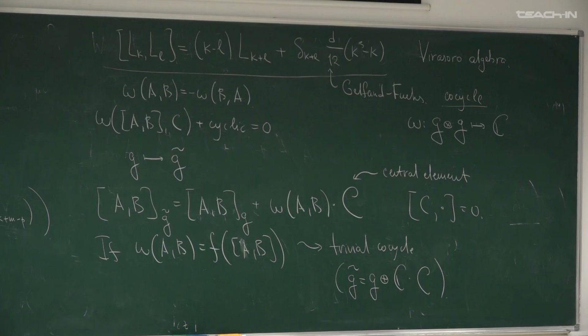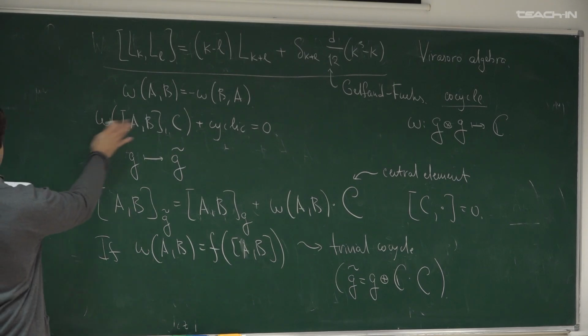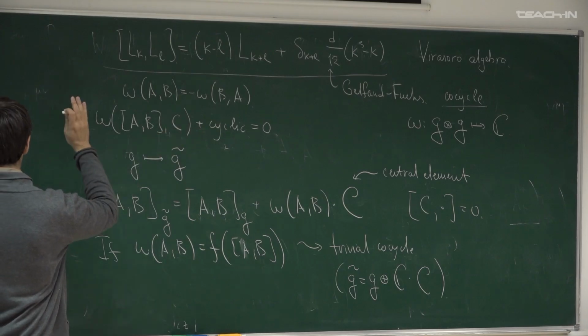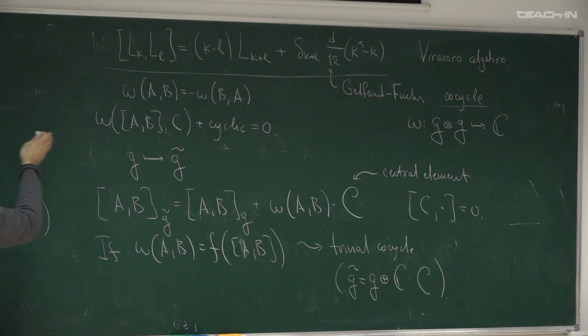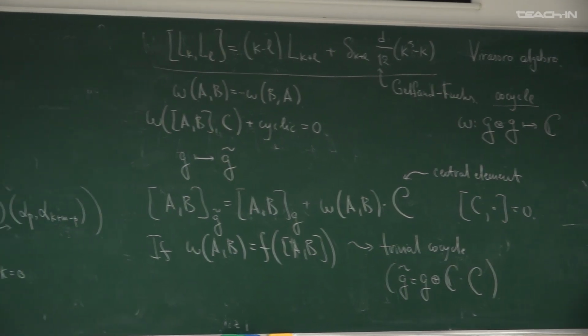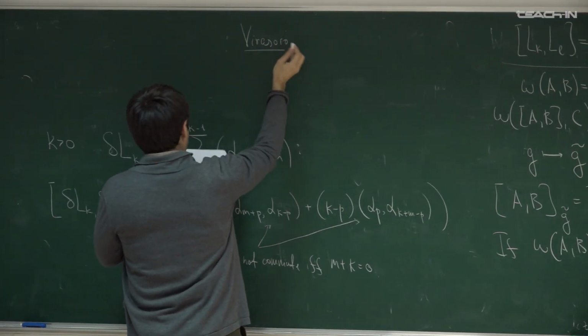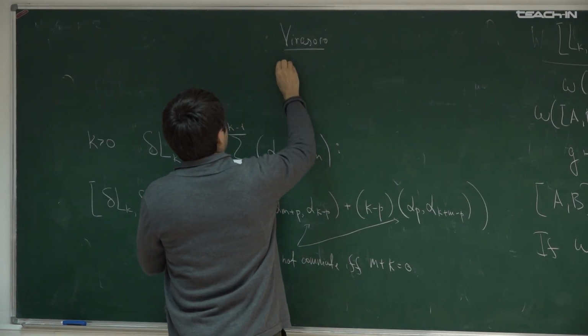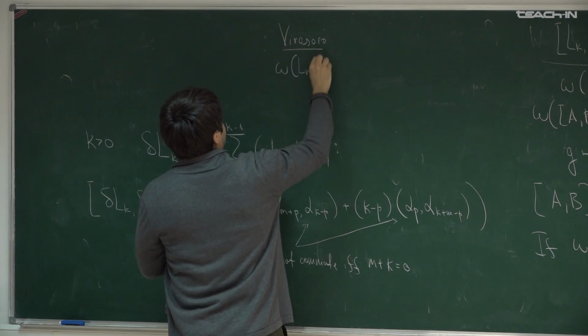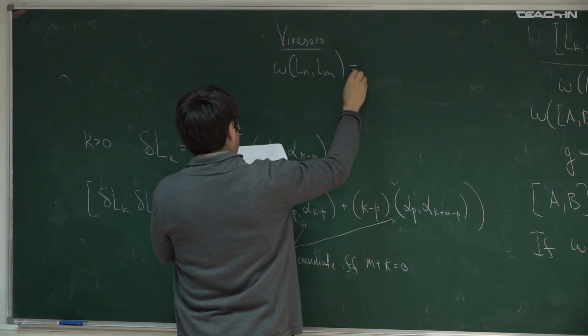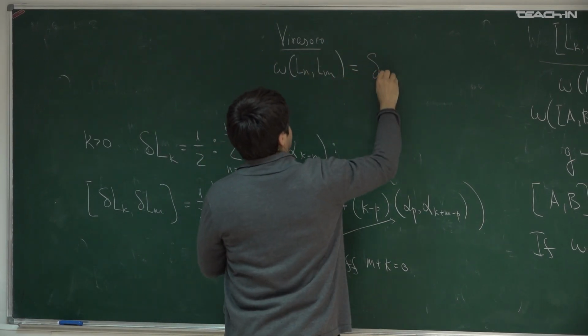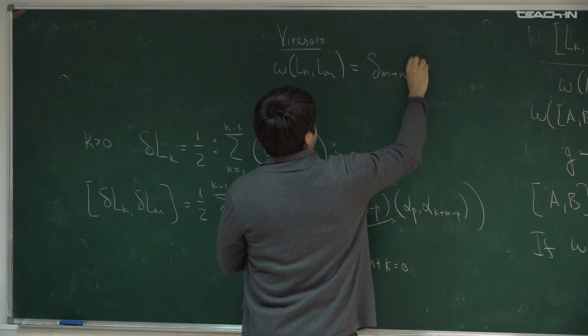So just to finish, I'll say what this is in the case of the Virasoro algebra. The Gelfand-Fuchs cocycle corresponds to omega of L_n with L_m equals delta_{n+m} times h of m.